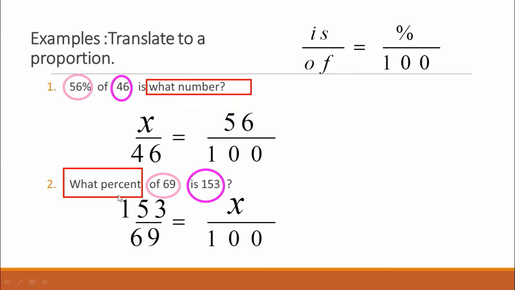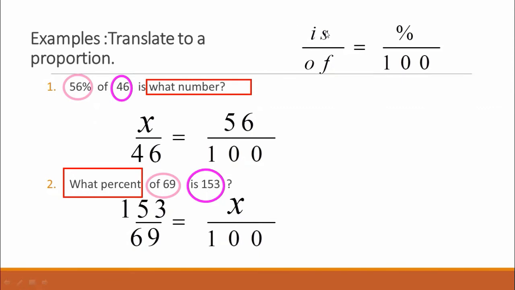Similarly, what percent of 69 is 153? Percent is missing. Percent is unknown. This rectangle box represents the unknown, and the circle box represents the two things known. In this example, percent is unknown, of is known, and part is known.